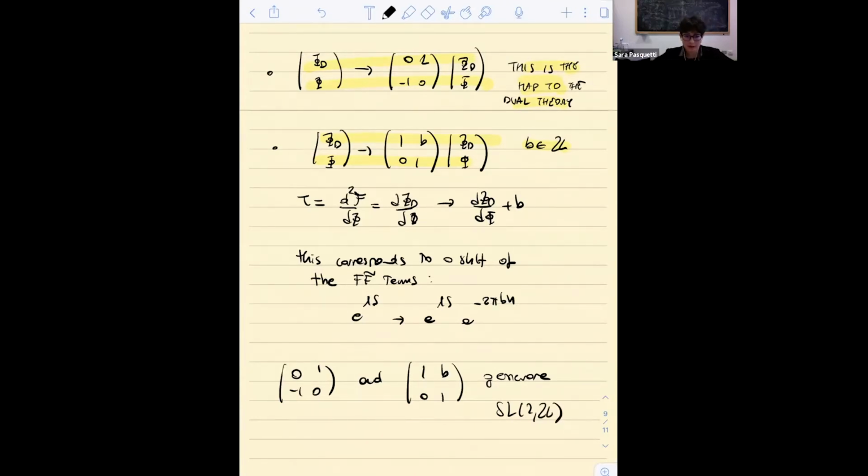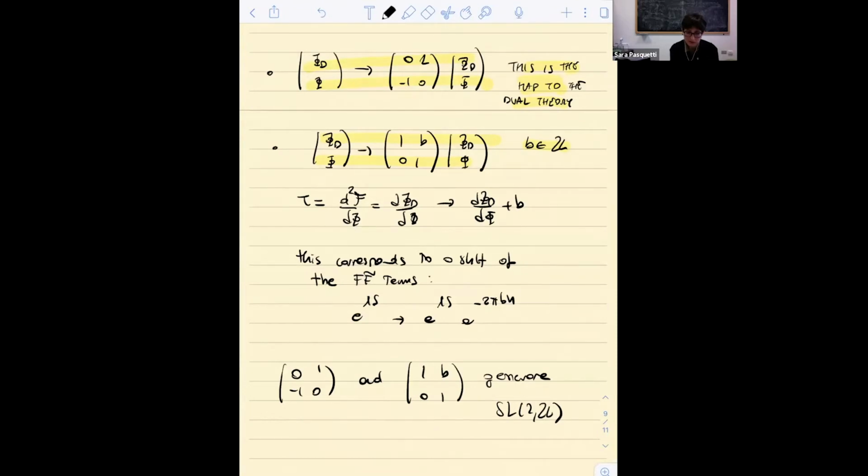So these are matrices with integer coefficients and unit determinant. So we have this SL(2,Z) action on the theory, and this SL(2,Z) action has the effect of producing equivalent low energy descriptions of the theory.